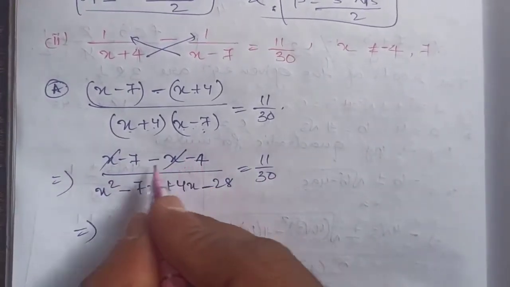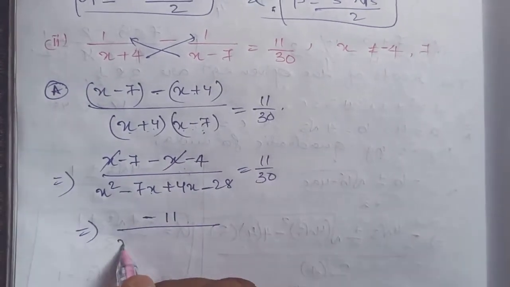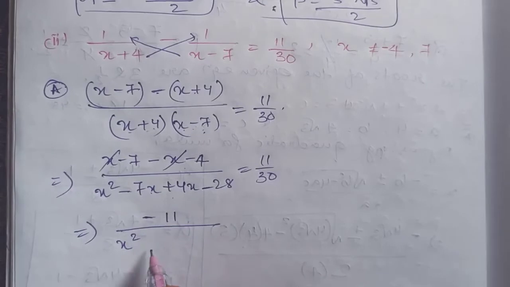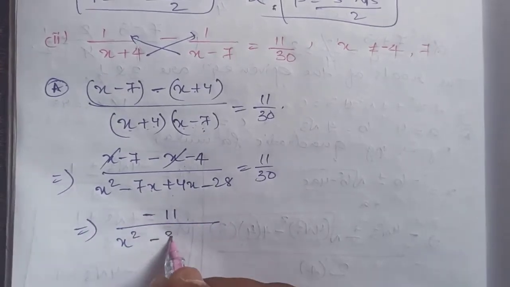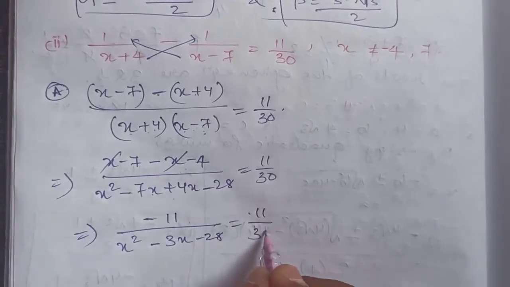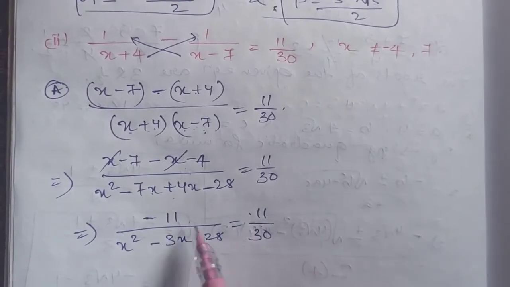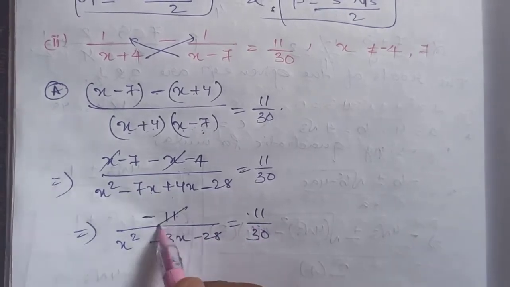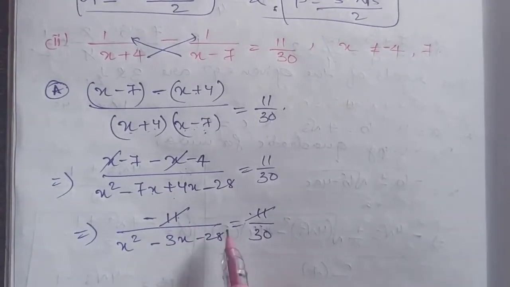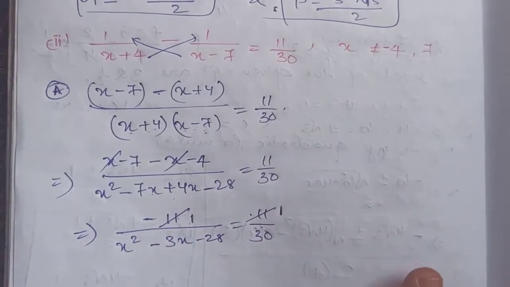Okay, we will get minus 11 by x square minus 7 minus 4 is 3x minus 28 equals to 11 by 30. Remember one thing, whenever two terms are in equals to and in the numerator same terms are there, you can cancel directly. Okay, directly you can cancel 11 and 11, you will get minus 1 and 1 here.